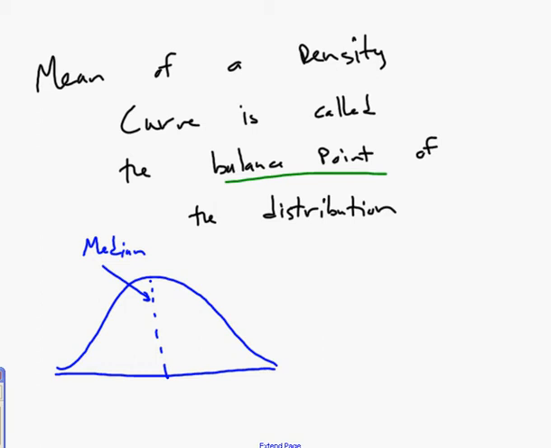So, I want you to imagine that this normal distribution is going to be placed on top of a triangular base. Here's what I mean. Suppose I put a triangle here like this. Here's the table, or some kind of flat surface, and I'm going to take this normal distribution, this blue thing, and put it down on top of that triangle. Do you think it would balance in the position I've placed it right now?